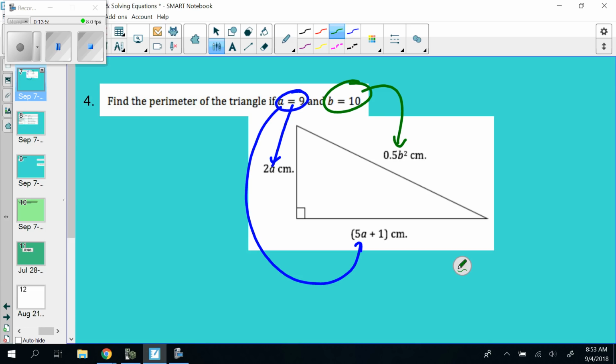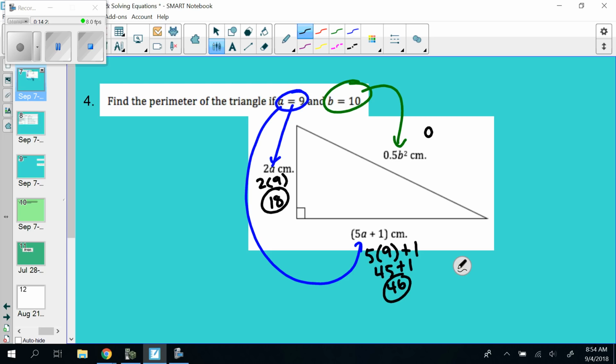Let's figure out what all these sides are equal to then. So for putting this in here, we got 2 times 9, which is going to end up being 18 for that side. Here we got 5 times 9 plus 1. So we know that's 45 plus 1, or 46 for that side.